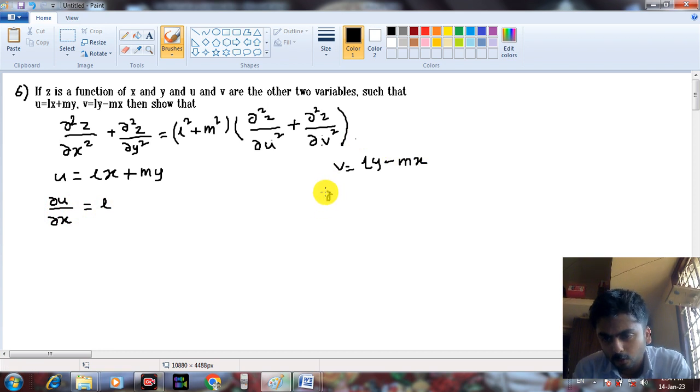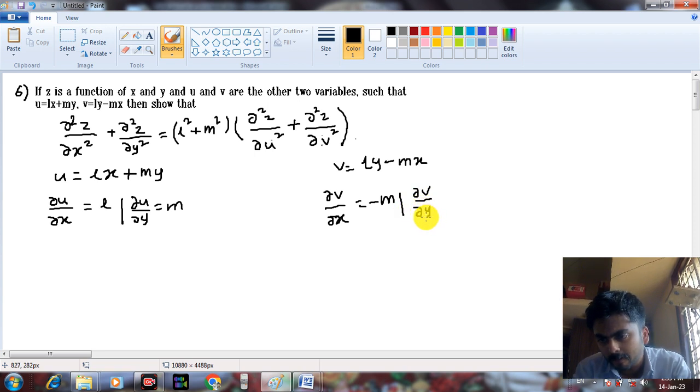Here ∂v/∂x equals minus m, and ∂u/∂y equals m, and here ∂v/∂y equals l.